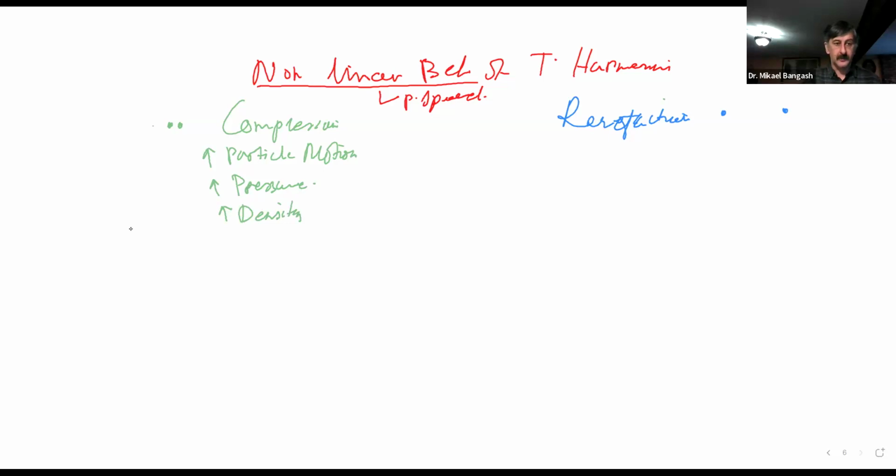Whereas the opposite is what we see in rarefaction: lesser particle motion, lesser pressure, and likewise a lesser density.